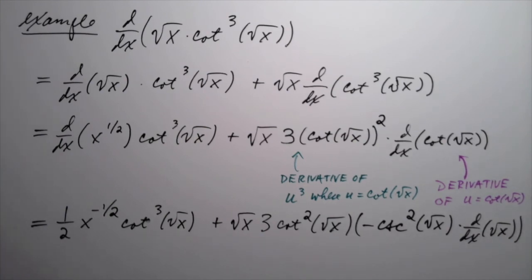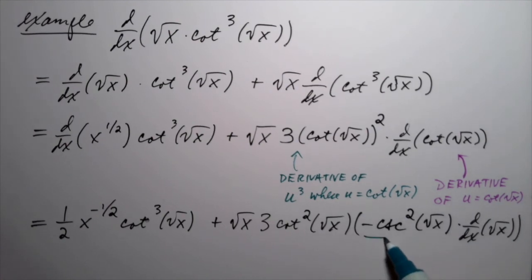So here, what's this piece? That's the derivative of the outer function, which is cotangent of u, where in this application of the chain rule, u would be the square root of x.